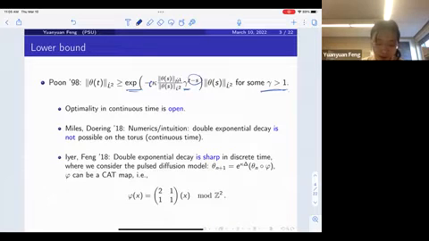The optimality in continuous time is open. Miles and Doering in 2018 did some numerical simulation and suggested that double exponential decay is not possible on the torus in continuous time. With my advisor Gautam Iyer in 2018, we proved that double exponential decay is sharp in discrete time, where we consider the pulsed diffusion model, which is defined as theta n plus 1 equals e raised to kappa Laplacian, times Laplacian acting on theta composed with phi.